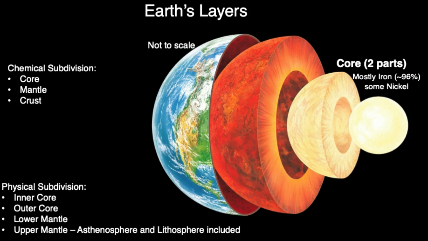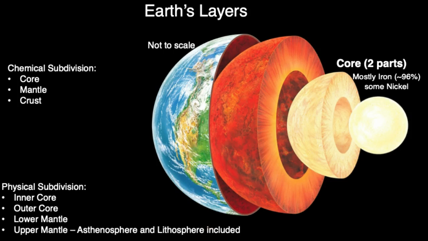Okay, so the three main layers, again based on the chemical components, are the core, which is the innermost part, the mantle, and then the crust, which is the outermost part of the Earth.